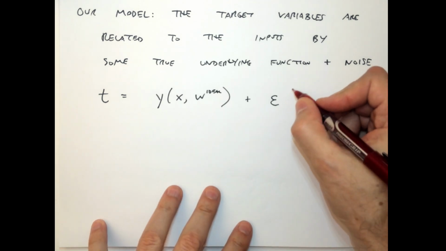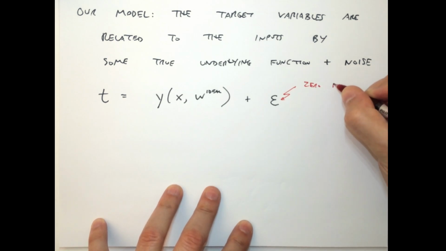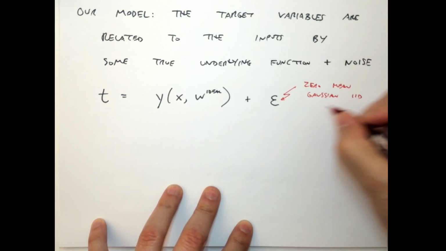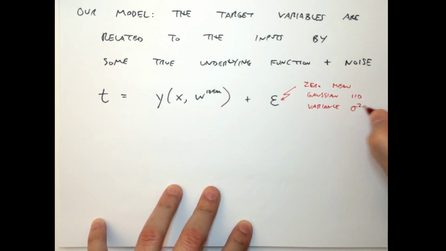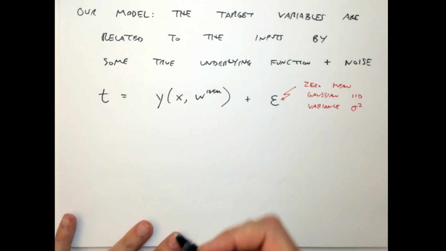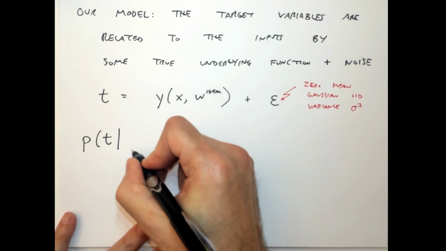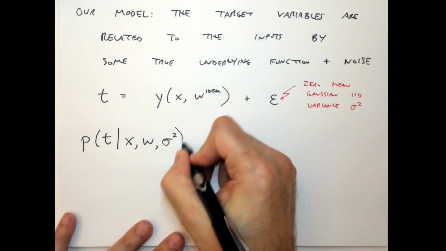So usually what we do is we model this thing as zero mean, Gaussian, IID, variance sigma squared noise, just like your standard kind of noise. And that means now we can solve this problem with a probability hat on. That's like saying that I can model the probability density of t conditioned on the input variables, some set of parameters, and the sigma squared of the noise.